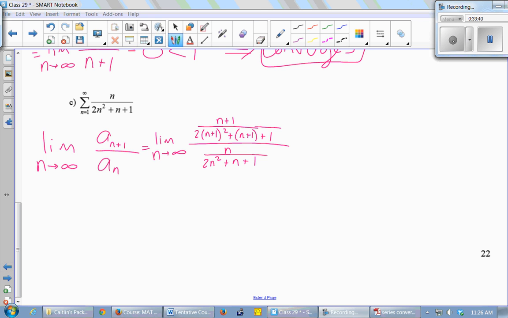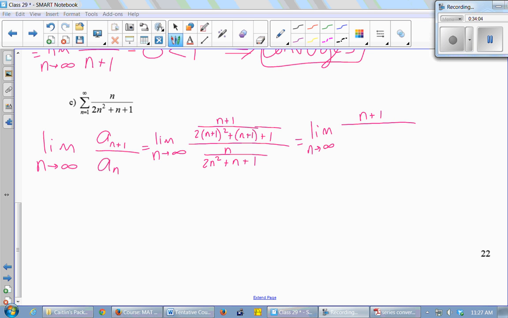All right, so let's go through this tedious calculation together. This is going to be the limit as n goes to infinity of n plus 1 over, all right, I'm going to simplify this, 2 times n plus 1 squared plus n plus 1 plus 1, and flip and multiply in this same step. So when I square n plus 1, I get n squared plus 2n plus 1.